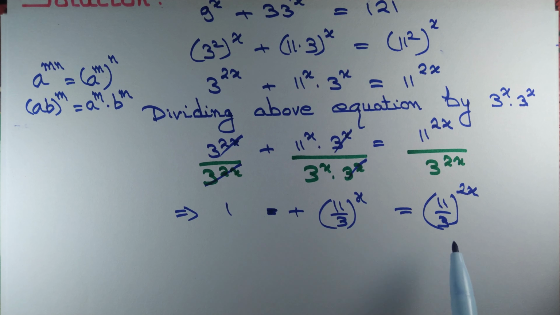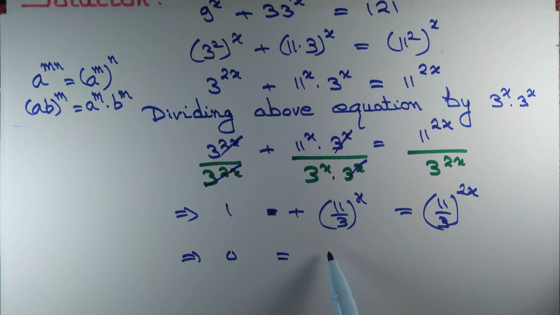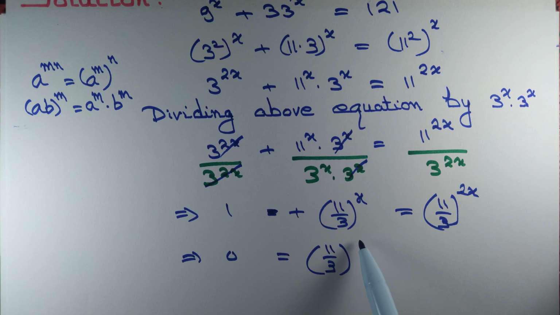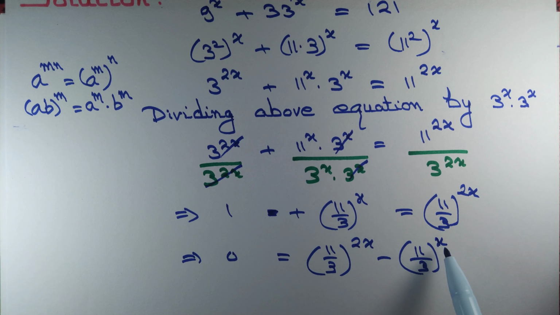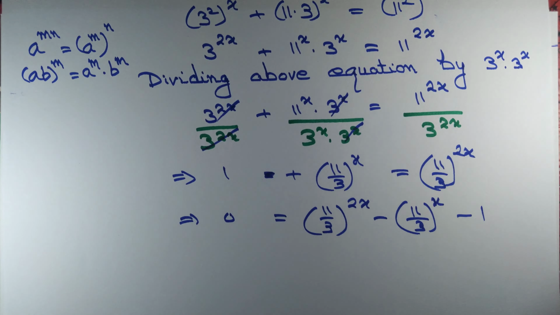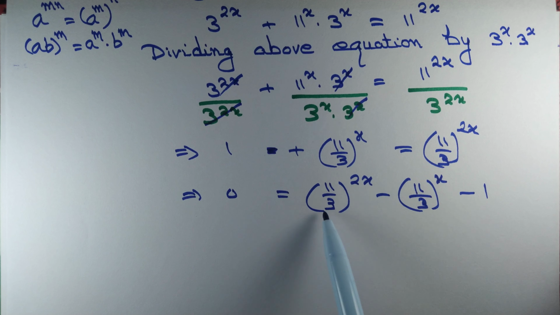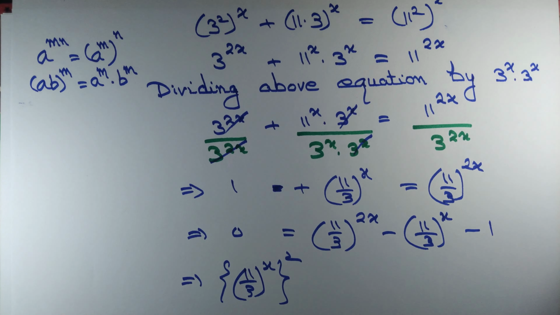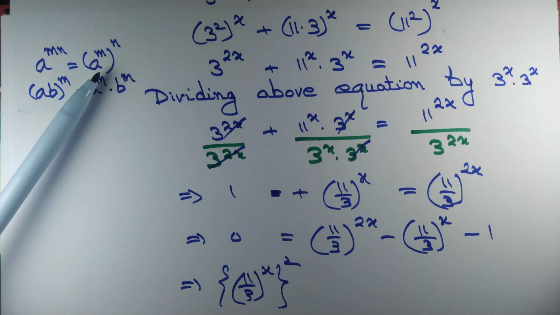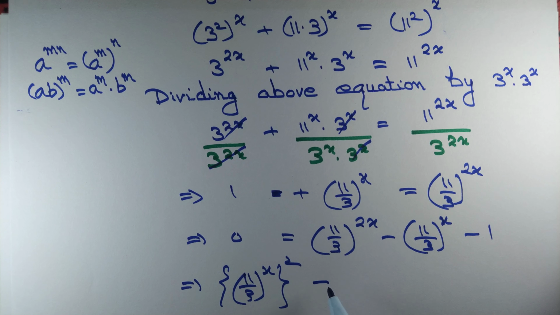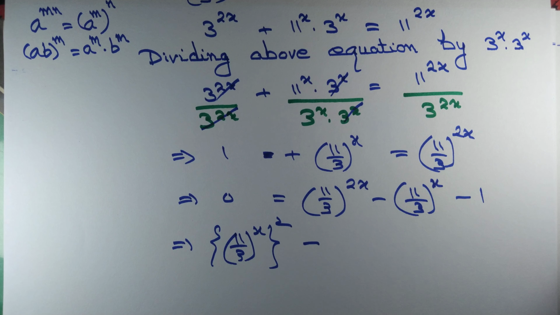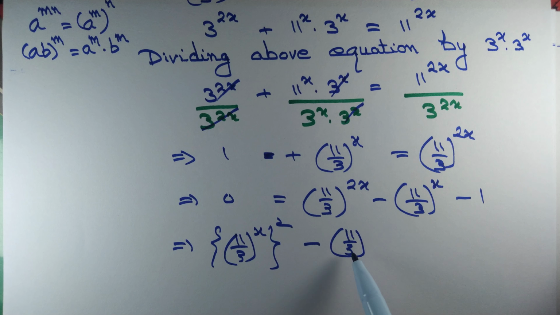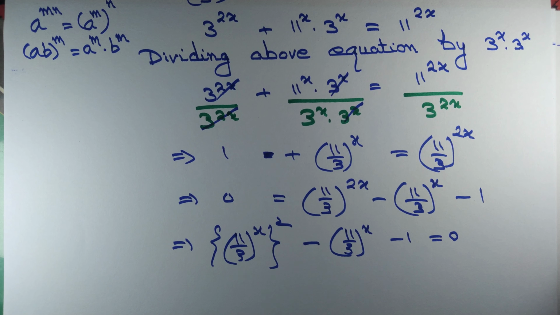Let's take everything to the right hand side. So 0 equal to 11 by 3 to the power 2x minus 11 by 3 to the power x minus 1. So again we write this as 11 by 3 to the power x whole thing square, by law of indices, a to the power mn equal to a to the power m into a to the power n, minus 11 by 3 to the power x as it is, minus 1 equal to 0 as it is.